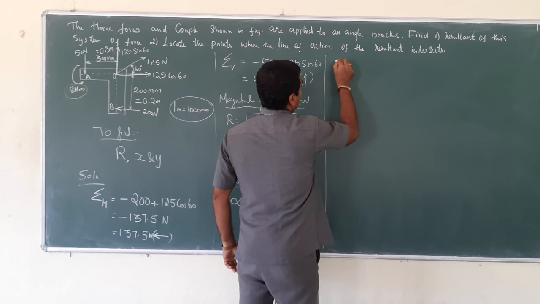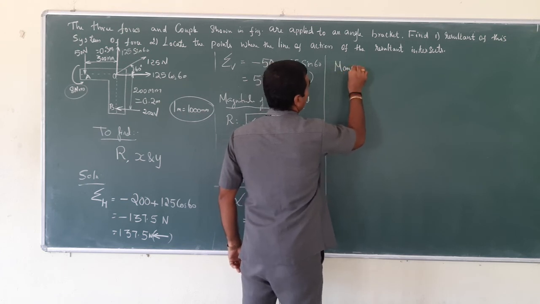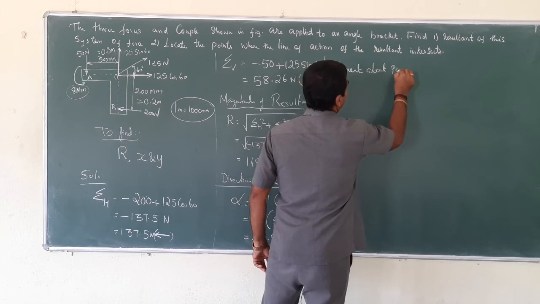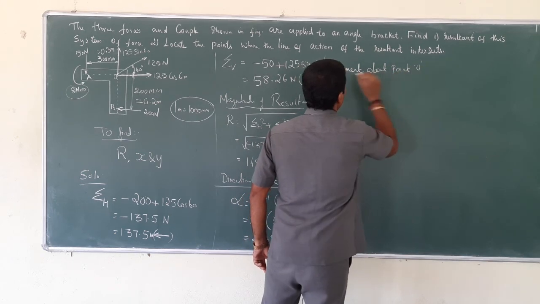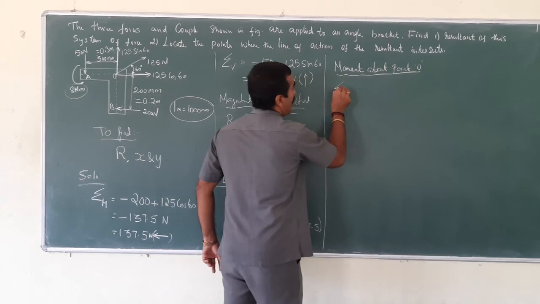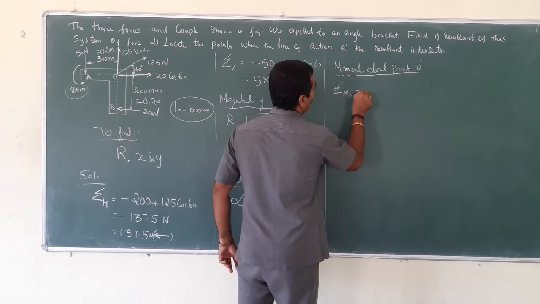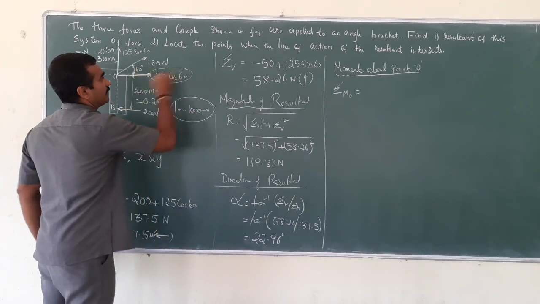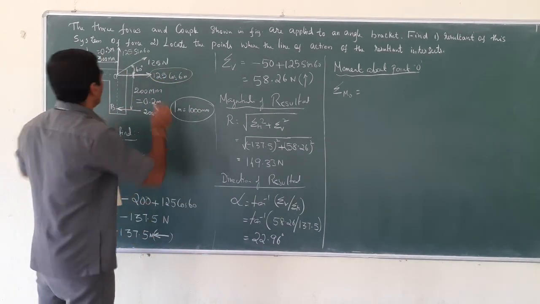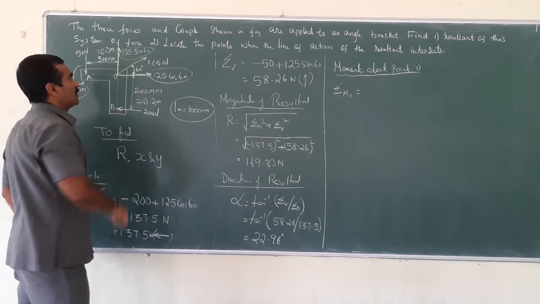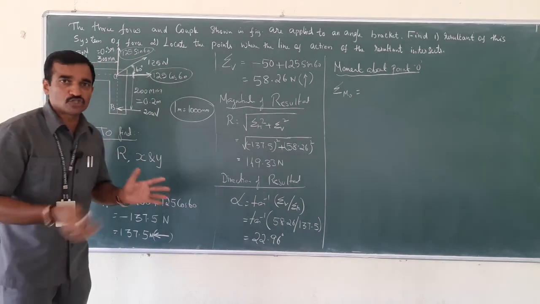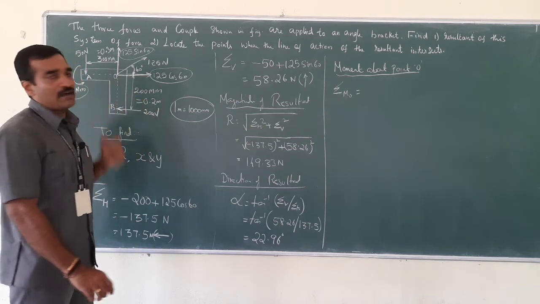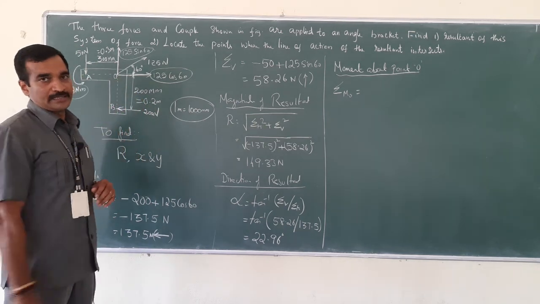So taking moment about the point O, sum of moment about O equals, this becomes 0 because it doesn't have any perpendicular distance at point O, and this becomes 0 because this is acting at the origin, therefore there is no perpendicular distance.